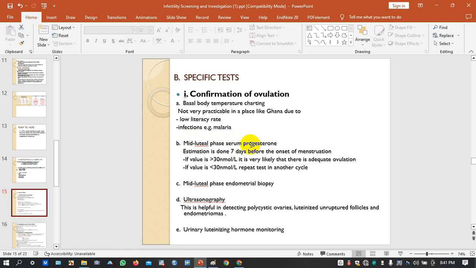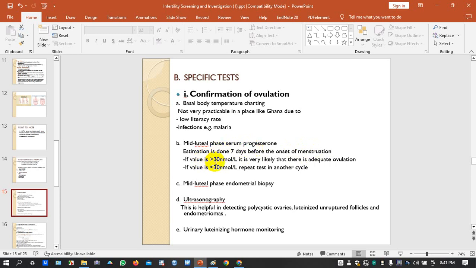Progesterone is measured at the 21st day of the normal 28-day menstrual cycle, the day that you can get progesterone to be very high. So we estimate this 7 days before the onset of menstruation, and we are supposed to get the serum progesterone level.